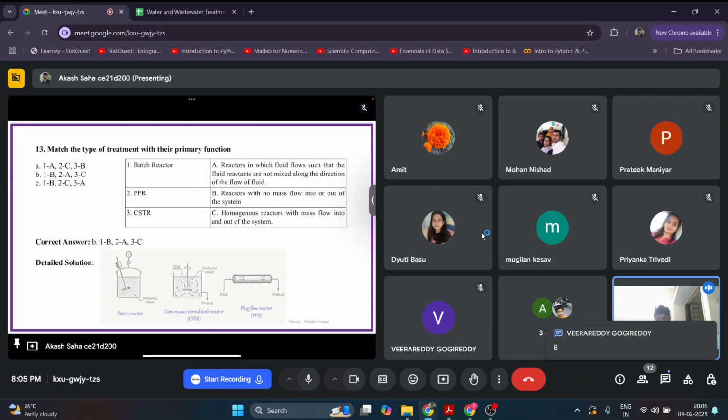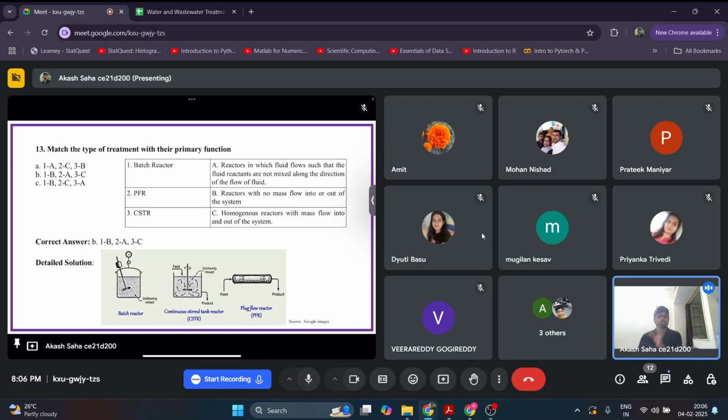For the batch reactor, you should always remember that there is no inflow or outflow from the system. It's a completely closed system. We put everything in, close it, run the reactor and then take it out. There is no continuous inflow and outflow. Whereas in a PFR, there is no mixing along the direction of fluid flow.